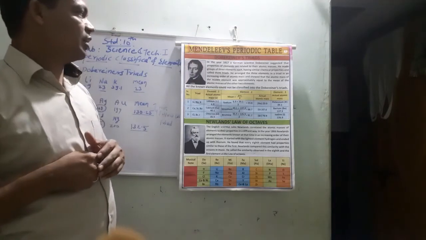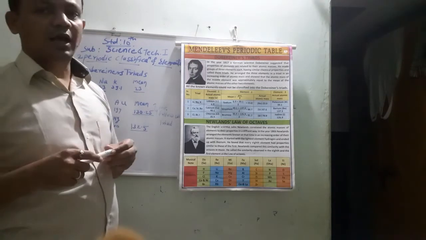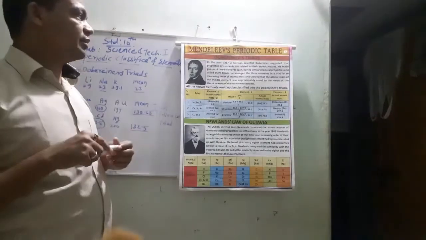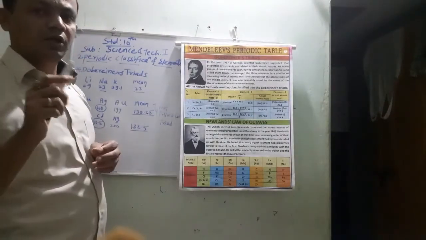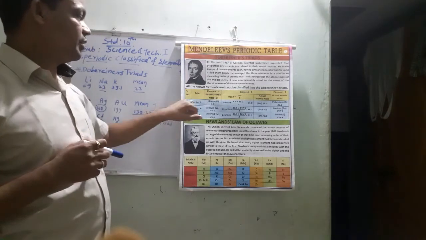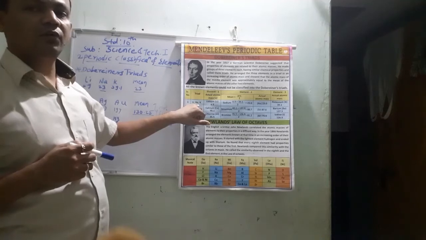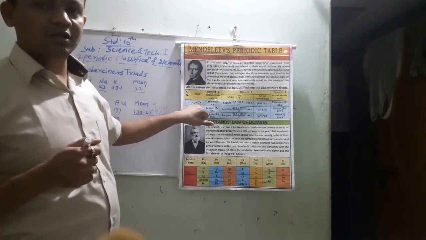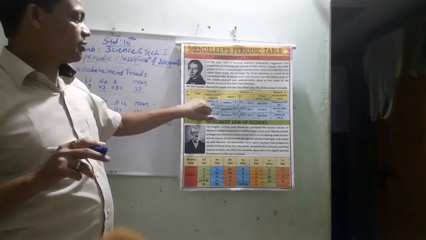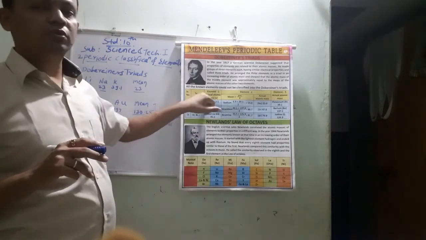Triad. And after arrangement of these elements, he found that every middle element has an atomic mass which is equal to the arithmetic mean of the other two elements.